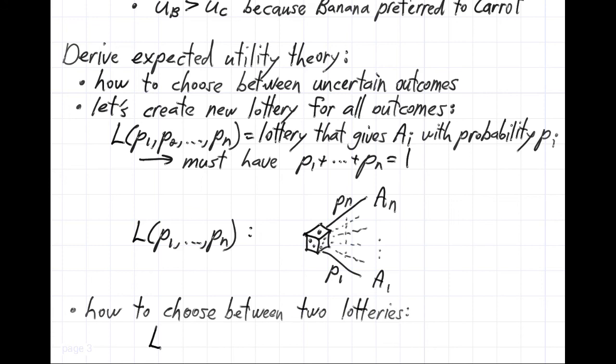So we might have a lottery P1 to Pn, and we might have to choose between that and another lottery, which maybe is Q1, Q2, Q3, so on, up to Qn. And we've got all these probabilities, P1 to Pn and Q1 to Qn, and we have to decide how to choose between these two lotteries.